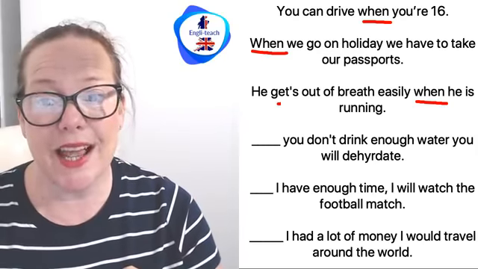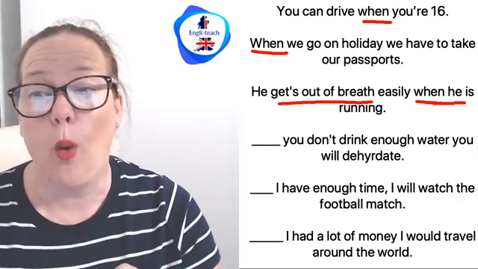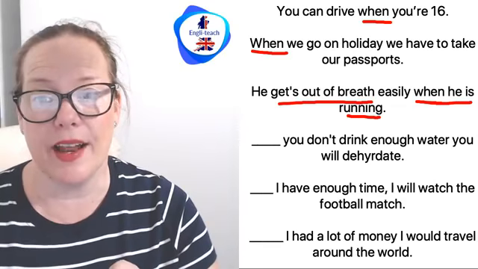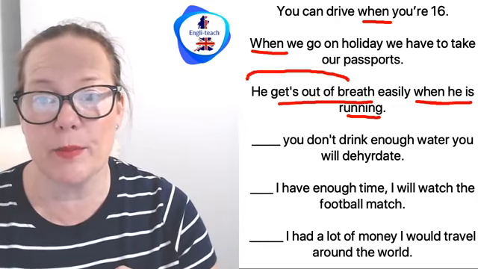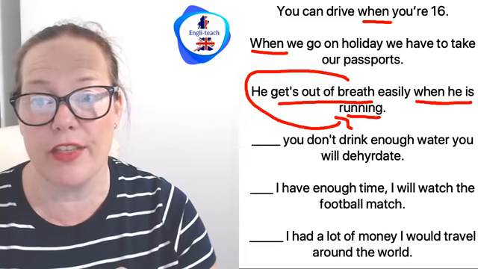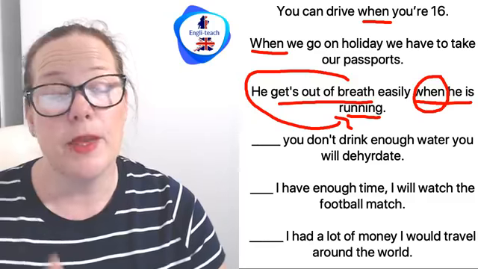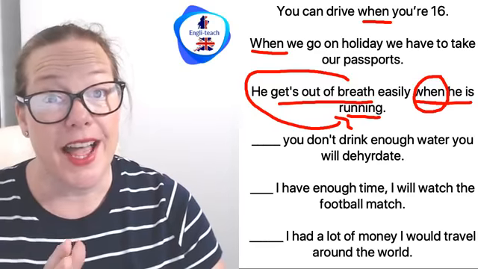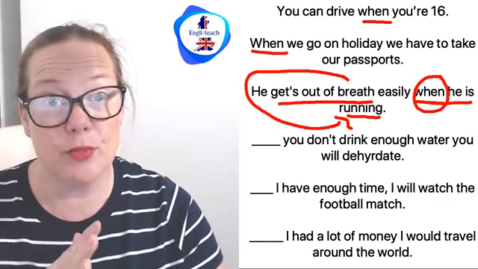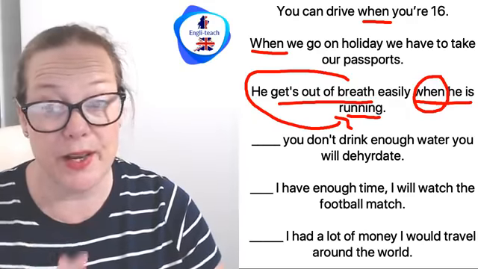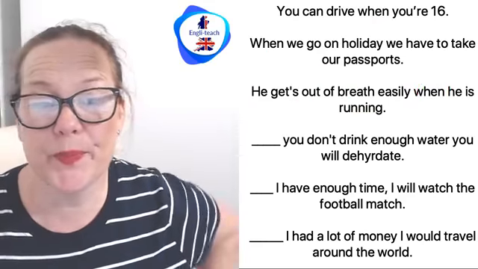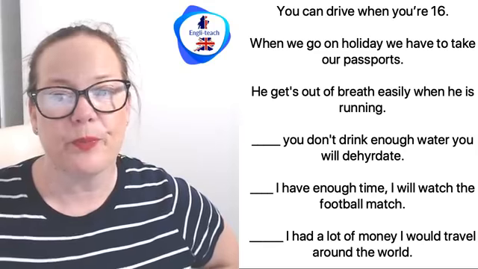So this is completely dependent on this, which is why we use "when," because we know that he will get out of breath when he is running. Okay, well done.